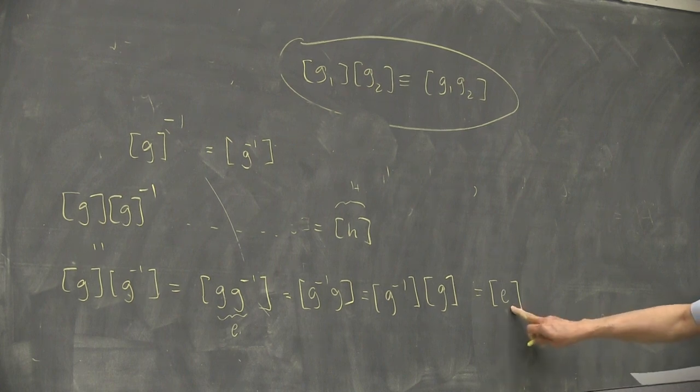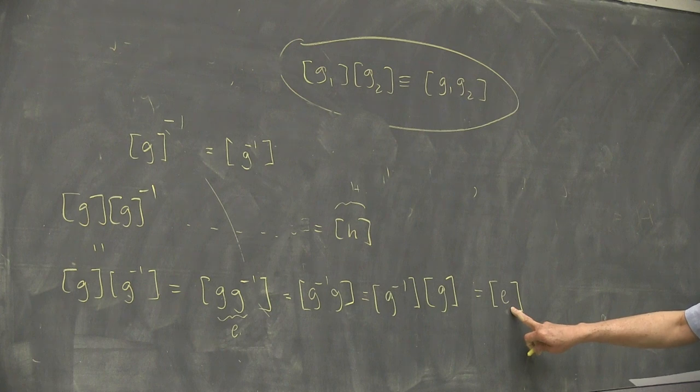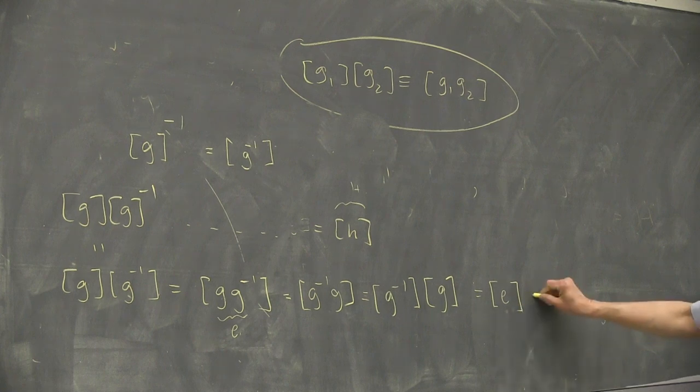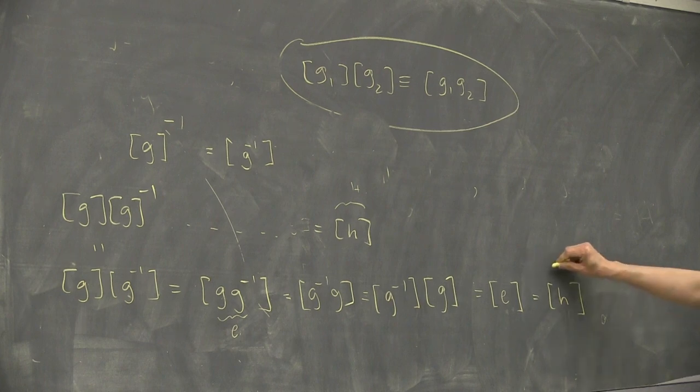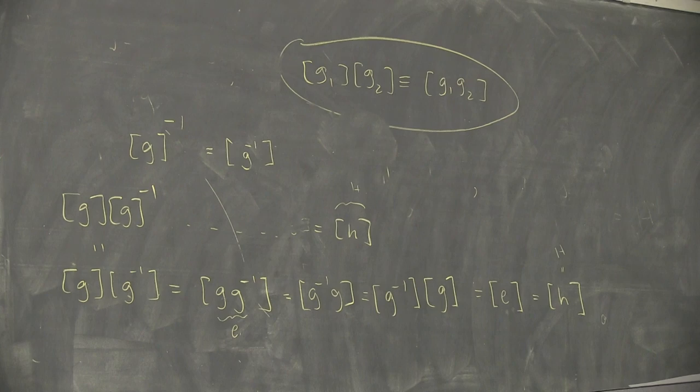But the coset that's characterized by the identity element is which coset? Is H. In other words, it's this one in here, okay? It's the identity, okay? So we have proven that, okay?